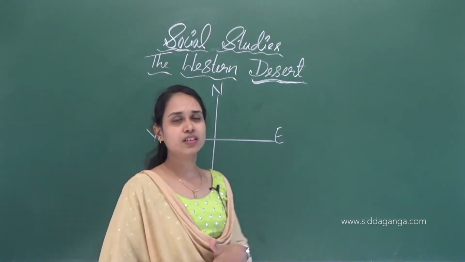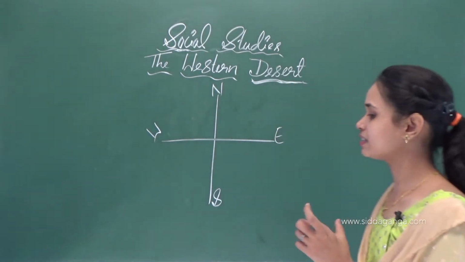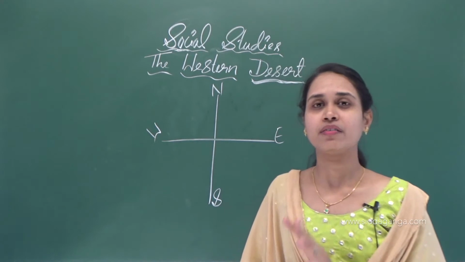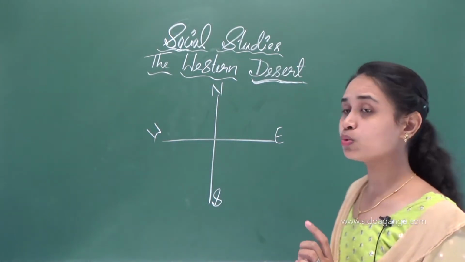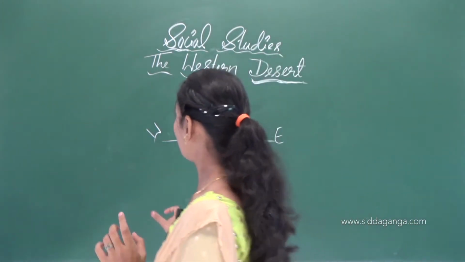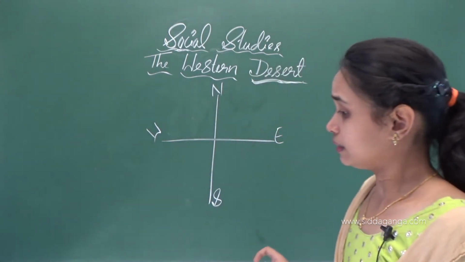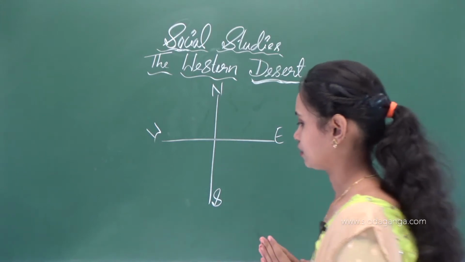What is a desert? Do you know what a desert is? A desert is a flat area covered with loose sand. India has a huge desert.